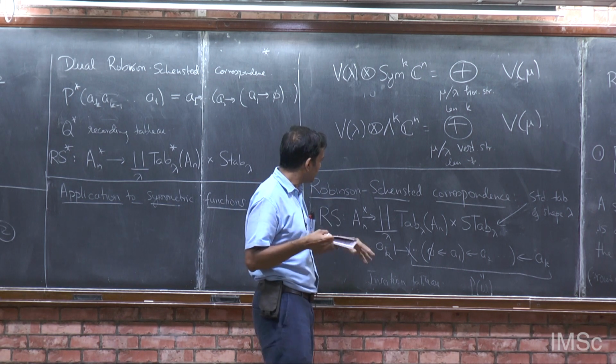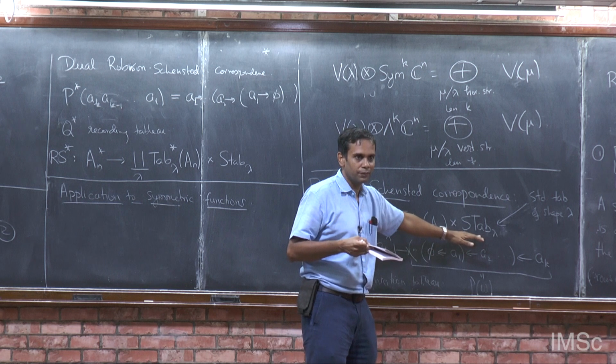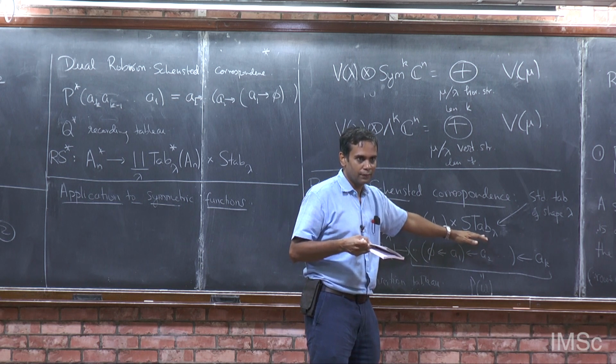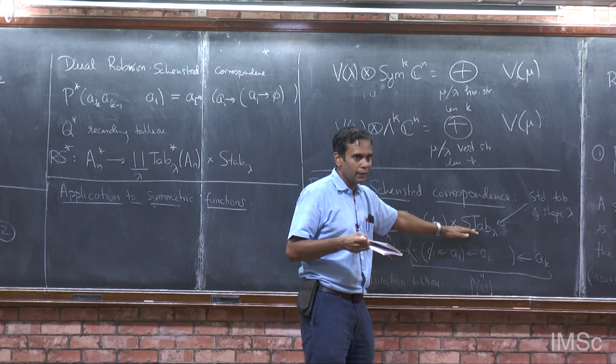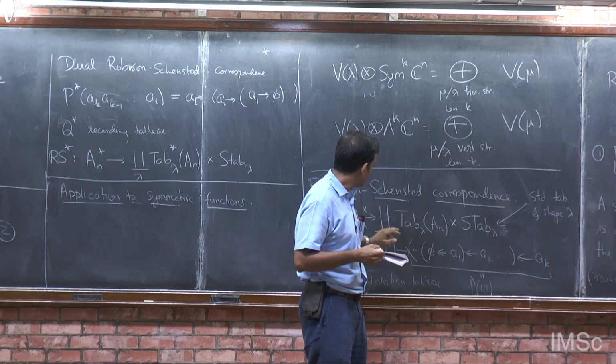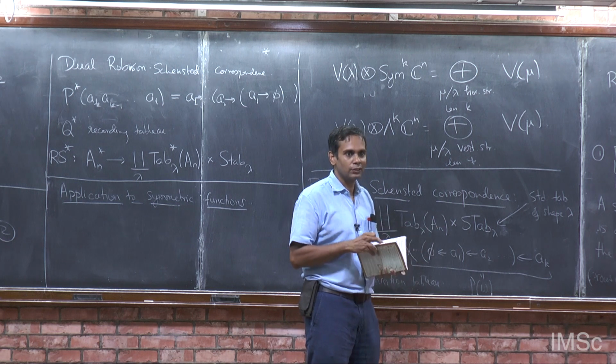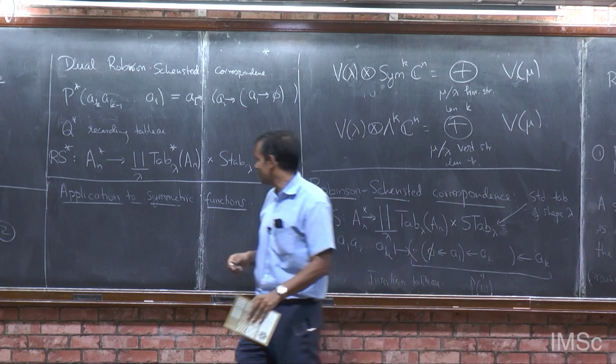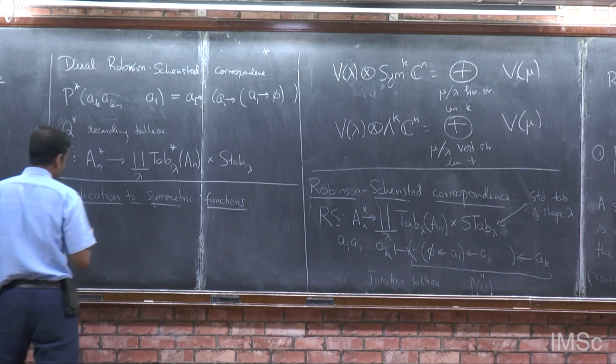Well, the answer is, if I fix Q, I look at all the words with a given Q, then I will get each tableau of shape lambda exactly once. So it is a section. Let me just write down the result.